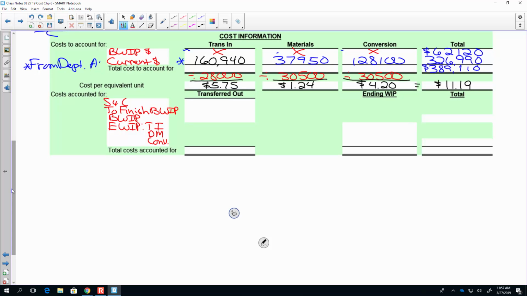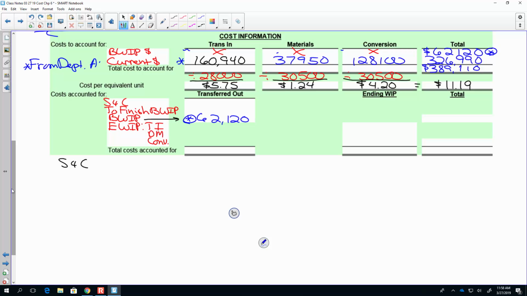Going down to our cost transferred out computation, started and completed. Let's bring the number down. What number do I have to bring down right here? What was my beginning dollars? Yes, very good, Polly. 62,120. Again, I'm going to put an asterisk here. I'm grabbing that from right up here, bringing it down to here.